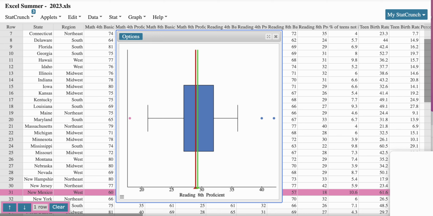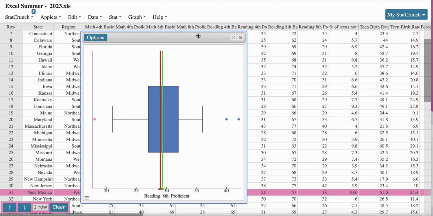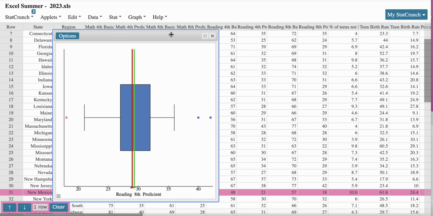And the value of the outlier, so we're looking at proficiency at the 8th grade level, 8th grade proficiency, oh my God, 18%. And there's a table that asks you to fill in those values. So I think we've explored all we need in StatCrunch.